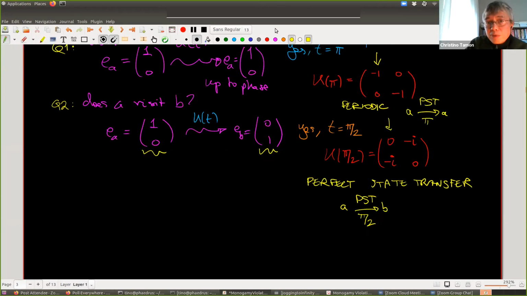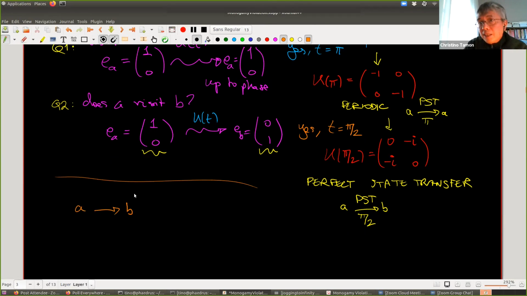Some quick observations: if we have PST from A to B at some time t, immediately we can see that there is a return or periodic behavior at time 2t. This is simply because the matrix is symmetric.